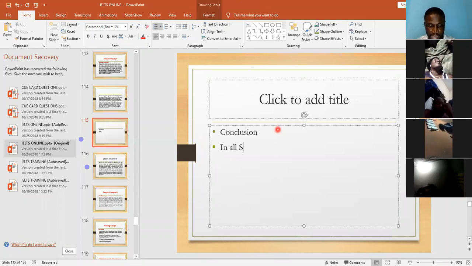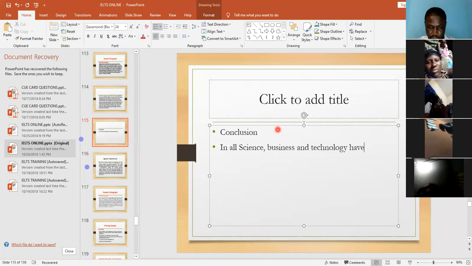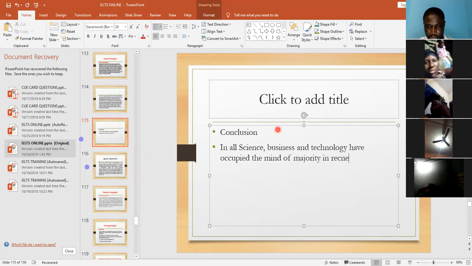In all, science, business, and technology have occupied the mind of the majority in recent times. Instead of repeating the word trendy or popular, I said occupied the mind.